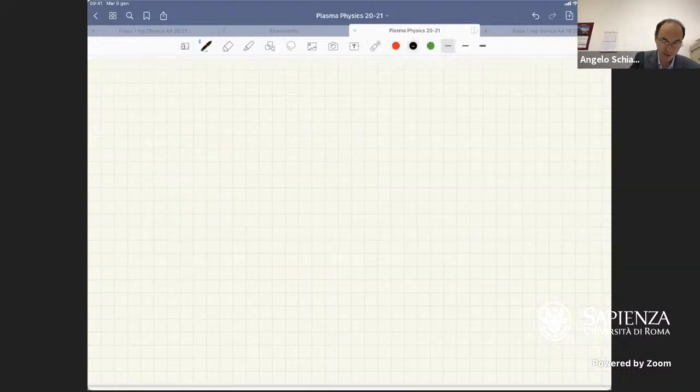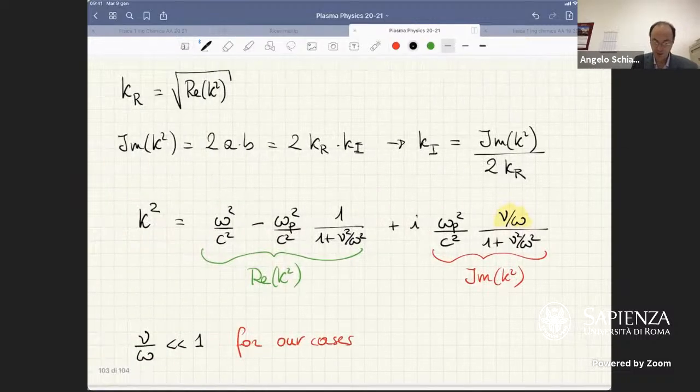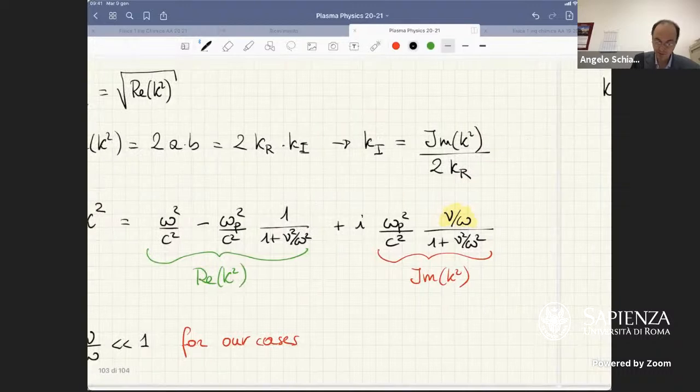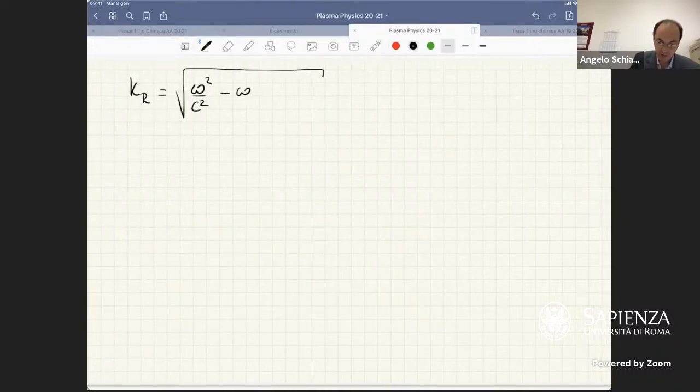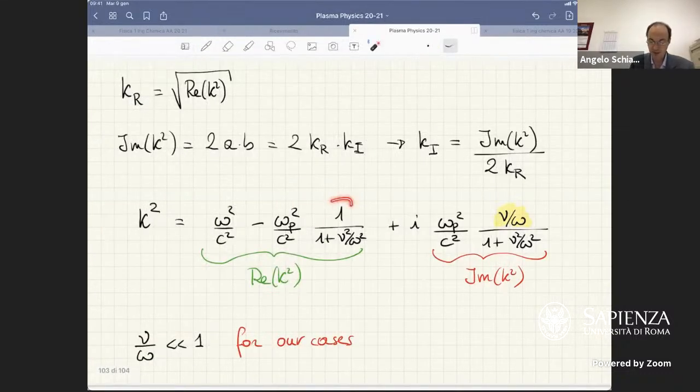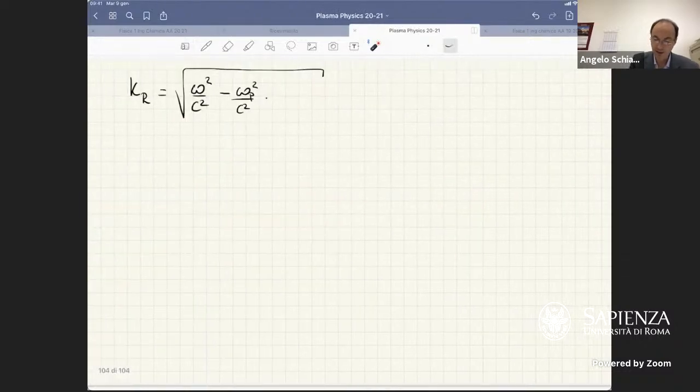So we have kr equal to the square root of omega squared over c squared minus omega p squared over c squared, and as I was telling you, this factor here becomes 1 for our case of interest.